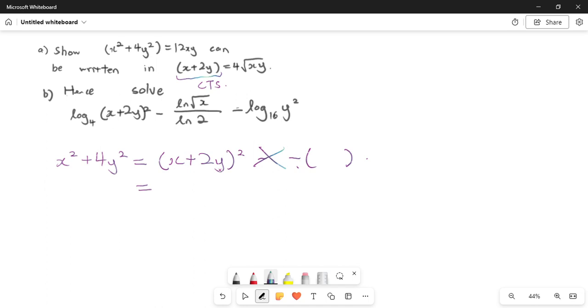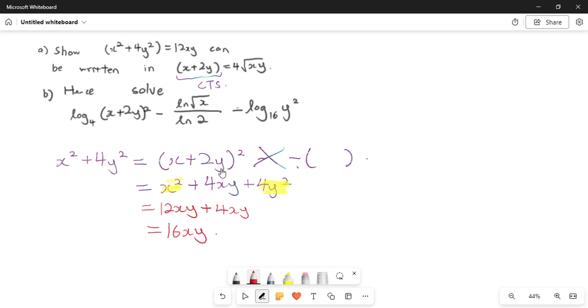I will expand this. You'll get x squared plus 4xy plus 2y times 2y, 4y squared. So realize you have two terms here, x squared and 4y squared. The question told us that x squared plus 4y squared is 12xy, so I can substitute it back, 12xy plus 4xy. So this part equals 16xy.